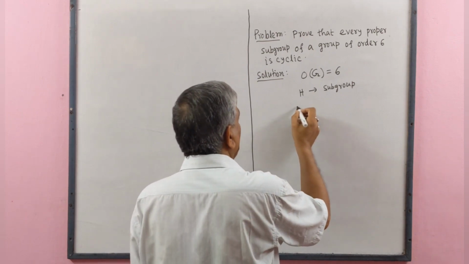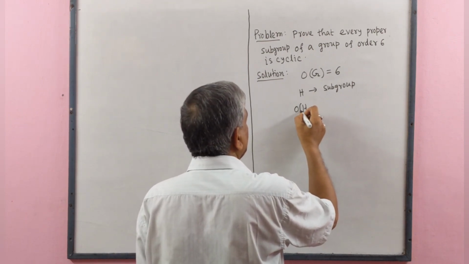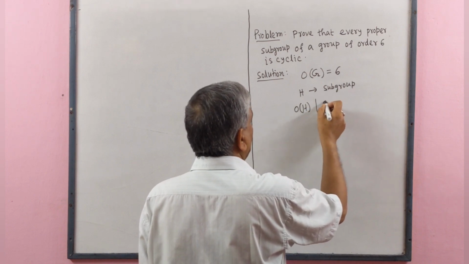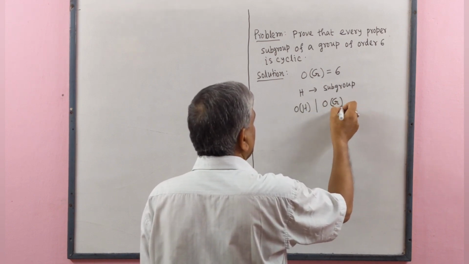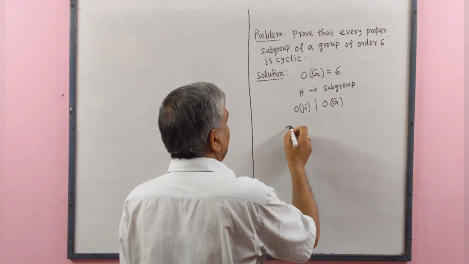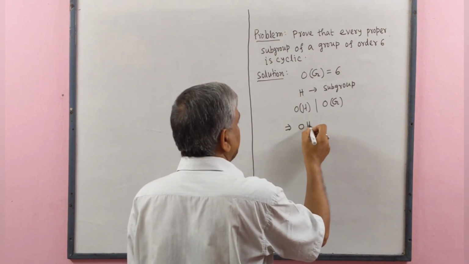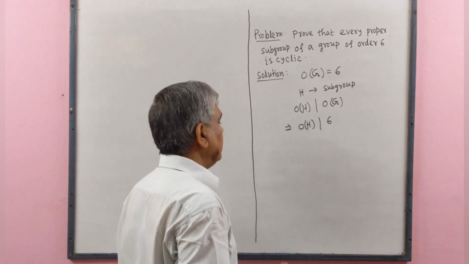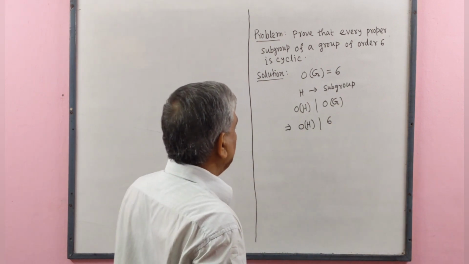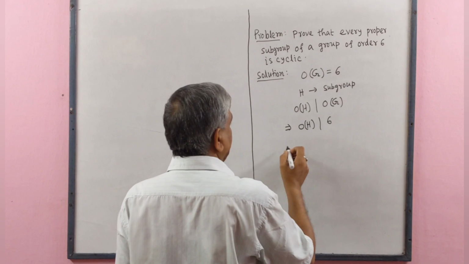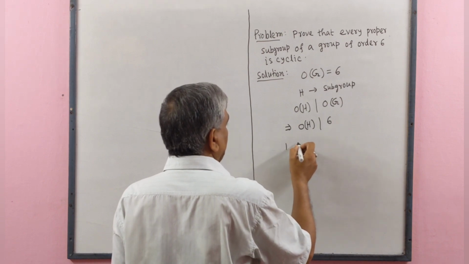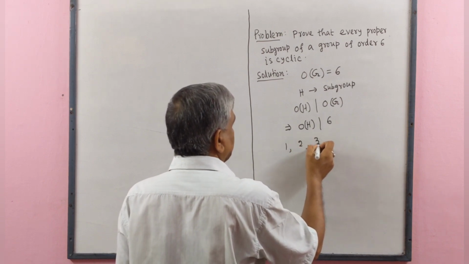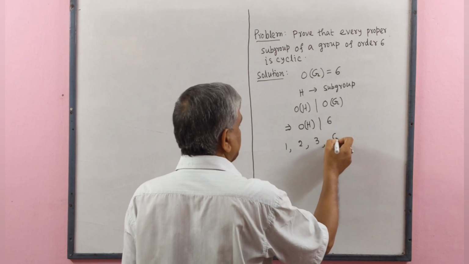Therefore, order of H divides order of group G, which implies that order of H divides 6. Therefore, order of H may be 1 or 2 or 3 or 6.